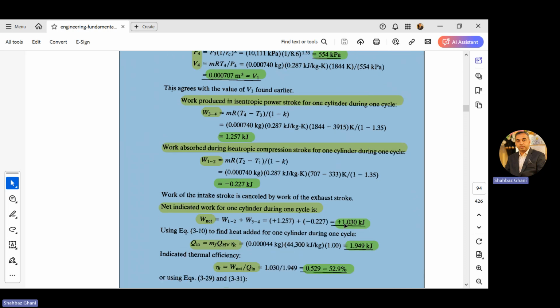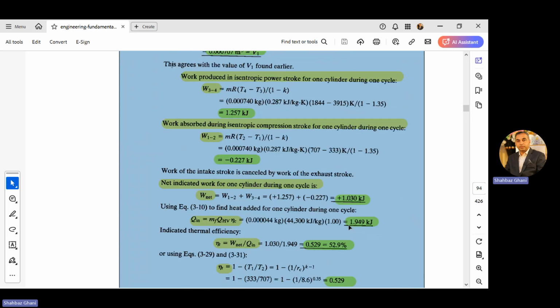Remember this thing. Net indicated work for one cylinder during one cycle: W net is equal to W1 to 2 plus W3 to 4. Adding both of these, we get 1.030 kilojoules. So W net is 1.030 kilojoules.